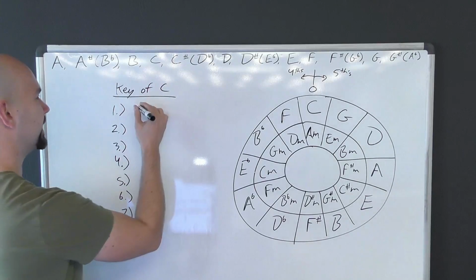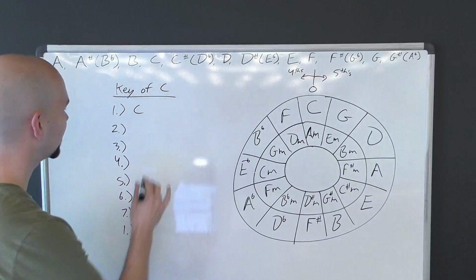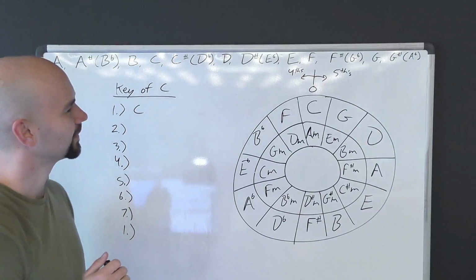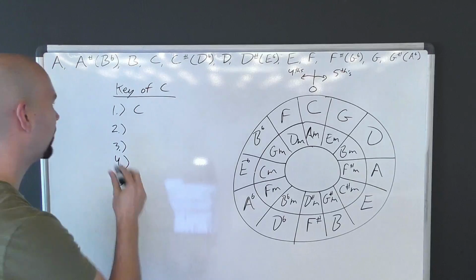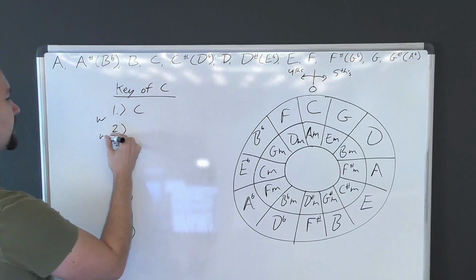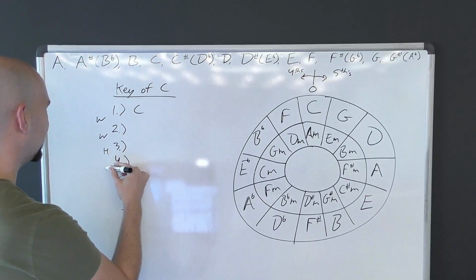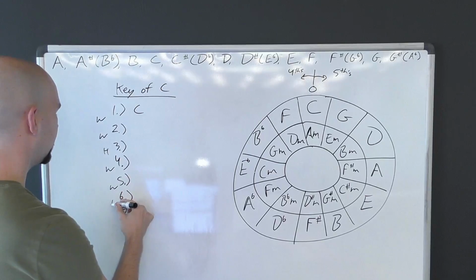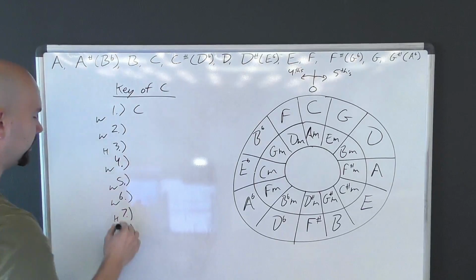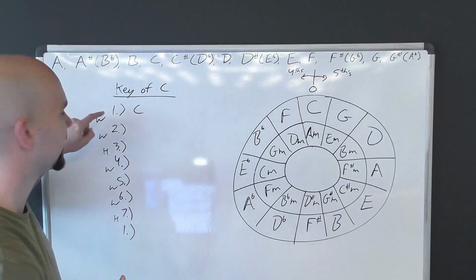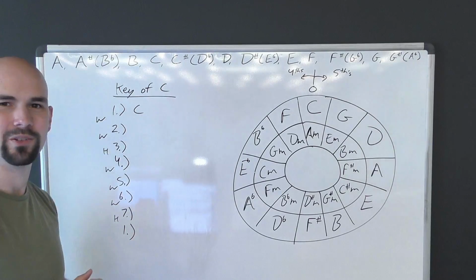So note 1, we have C, and then we're going to apply that formula. Whole step, half step, like I said before, 2 wholes and then a half, and then whole step, whole step, whole step, half step. That's 3 wholes and a half. So I have my steps in between each of the notes in the scale.